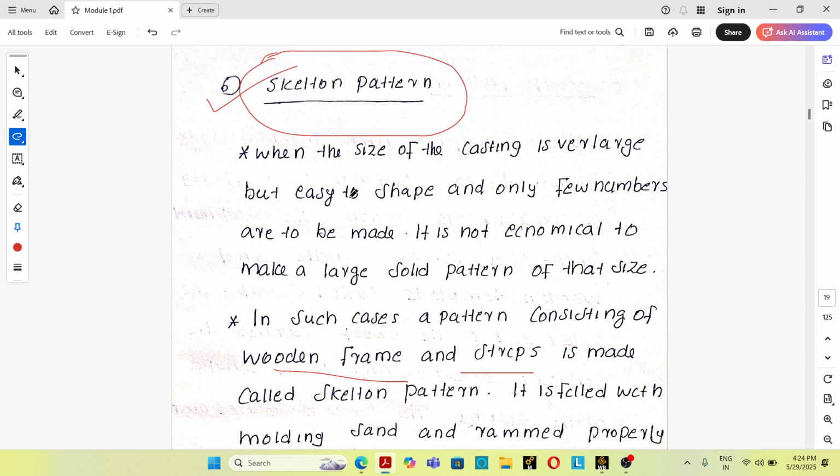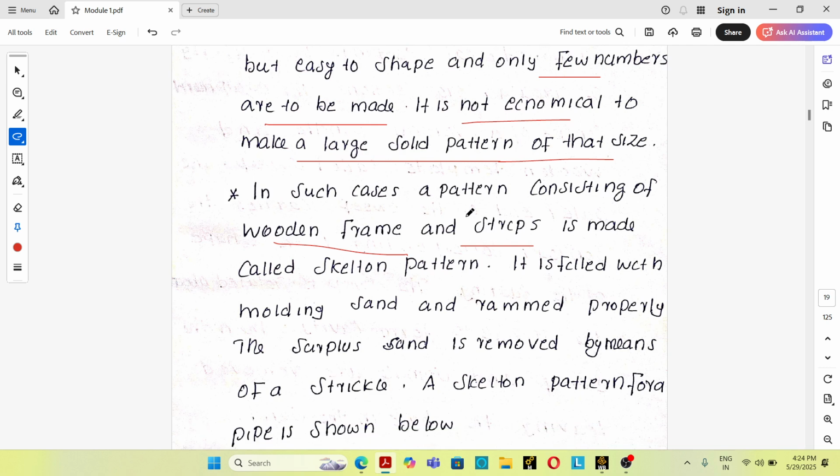Skeleton patterns are commonly used for very large castings of easy shape, where only a few numbers are required. It is not economical to make a large solid pattern of that size. In that case, a skeleton pattern will be used. The pattern is made of a wooden frame and strips.